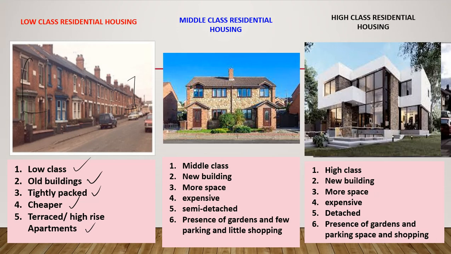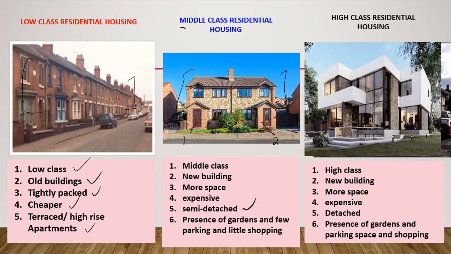Now, a middle class house is usually a semi-detached apartment, where you can have two people living in a single flat. Like here, this particular building is semi-detached. You can have one family here, and you can have another family here. So it's like two flats joined together, but it is not terraced because you can see there is a space here.